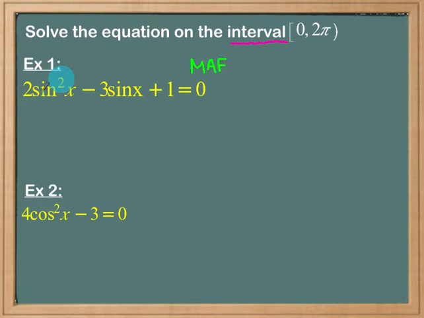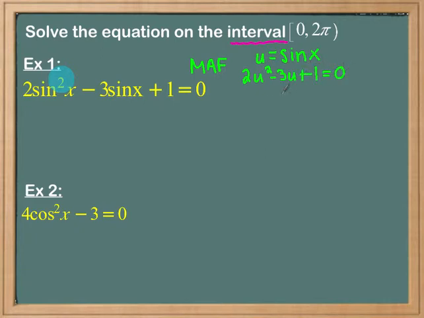If in the meantime you don't want to think about this as 2 sine squared of x minus 3 sine of x plus 1, remember that u substitution we did, where you can let u equal the thing you don't like. So for example, this could be considered the same thing as u being equivalent to the sine of x. So this is 2u squared minus 3u plus 1 equal to 0.